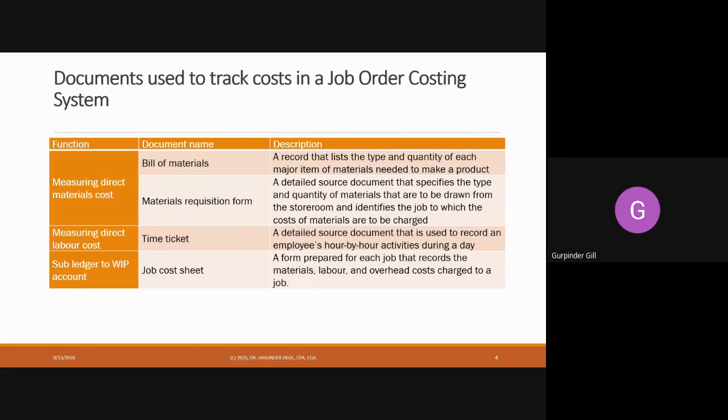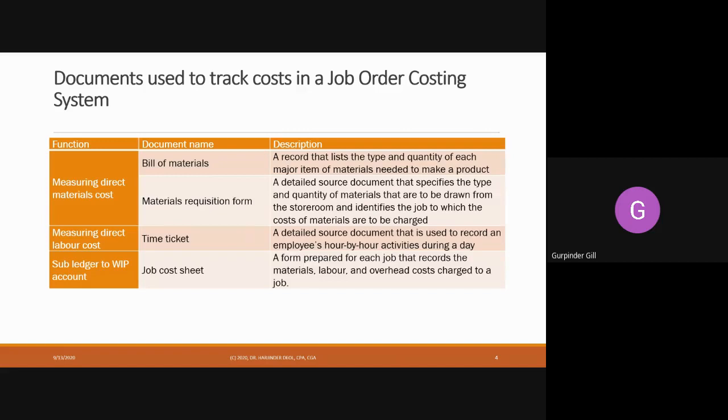This is a record that lists the type and quantities of each major type of material needed to make a product. On the other hand, the material requisition form is a source document which specifies what quantity and types of material are drawn from the storeroom and identifies the job to which the cost of these materials will be charged.